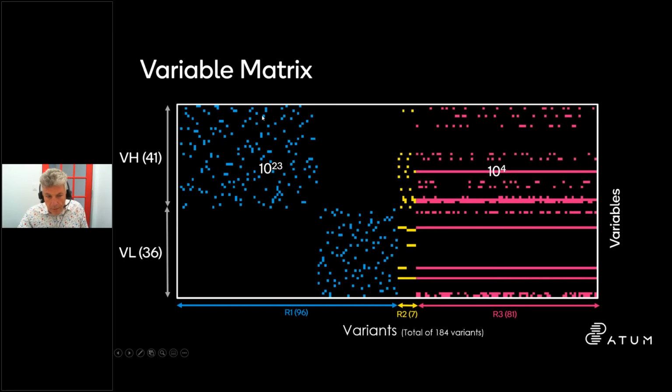The cool thing here is that in the first blue round, the total space we're looking at is 10 to the 23. That, of course, is a ginormous space. I think 10 to the 23 is the definition of a gazillion. But of course, in this gazillion space, most is garbage.